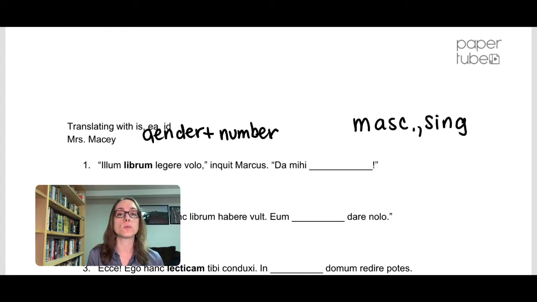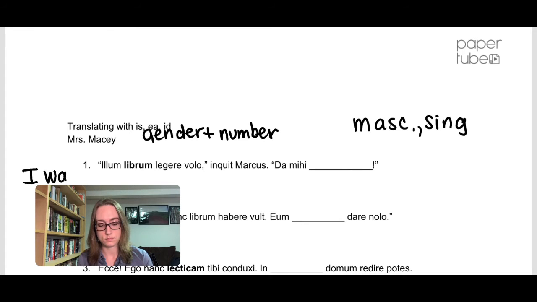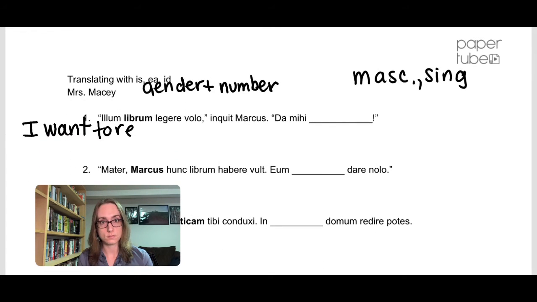Let's find out what form of is, ea, id we need. Illum librum legere volo, inquit Marcus, da mihi blank. We start translating with volo. Volo is I want. Legere, to read. Illum librum, that book.